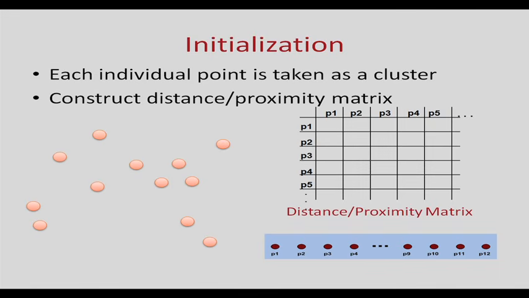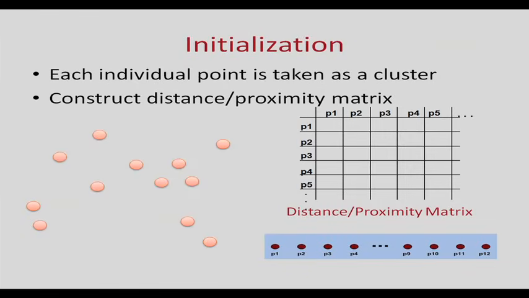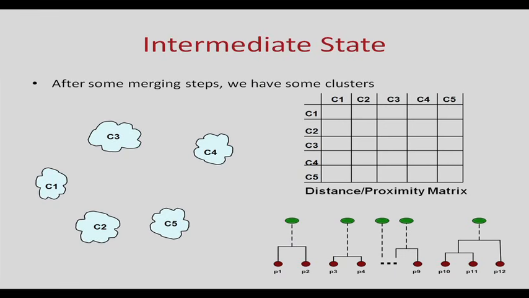Between each pair, we can compute the distance and fill it up in this matrix. Then, at an intermediate state, we would have a number of clusters, and the proximity matrix will be defined. Suppose there are k clusters, there will be k square elements in the proximity matrix.